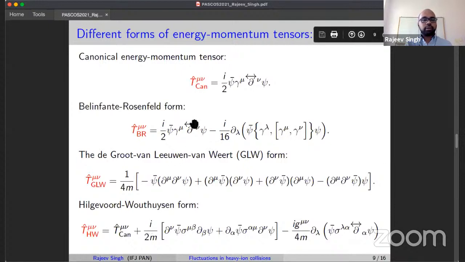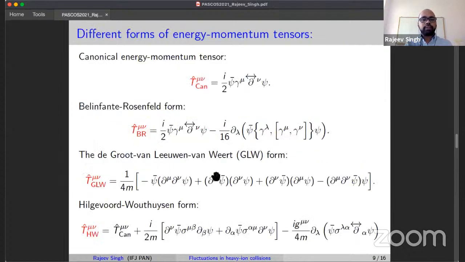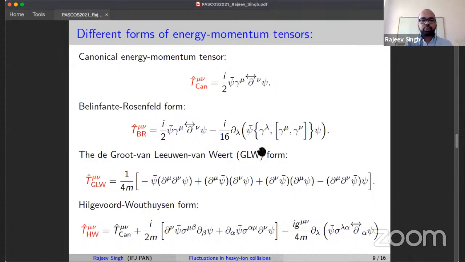It doesn't matter what the pseudo-gauge is, the thermal expectation value is the same, which I can show you here. But the fluctuation expression for each of them is different. I have not specified the form of the expression because it is more complicated and very big, so I don't want to scare people. The point is that because of the different pseudo-gauges, we have different quantum fluctuation expressions for the T00 component.